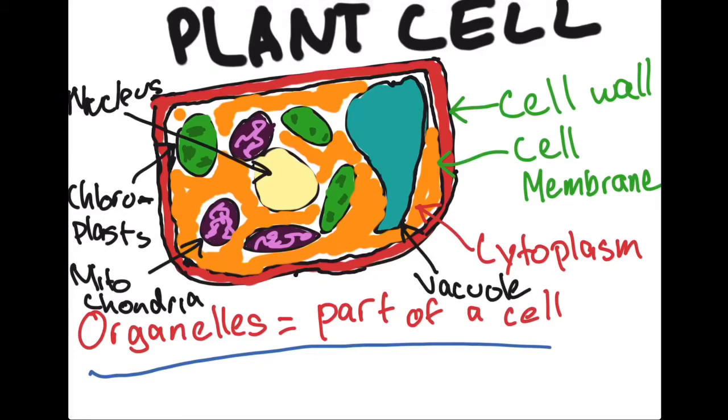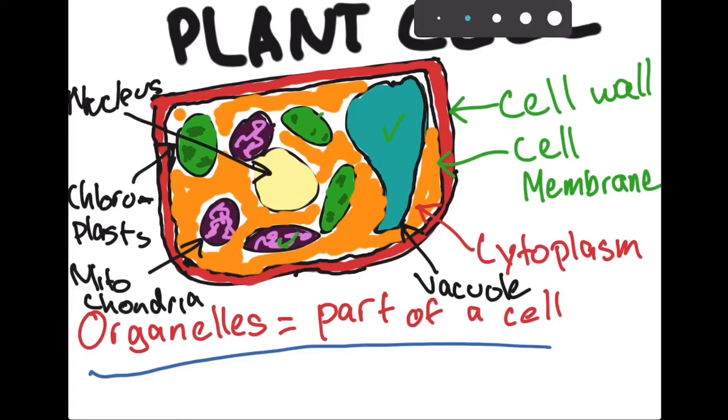Different organelles make up the cell. That's what an organelle is. So all these parts right here, over here, and over here, and over here, inside this yellow-orange substance is an organelle.